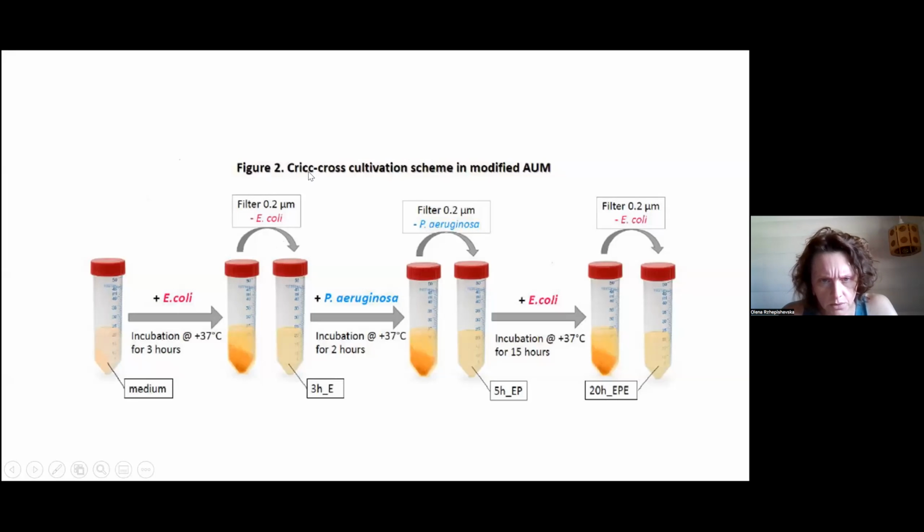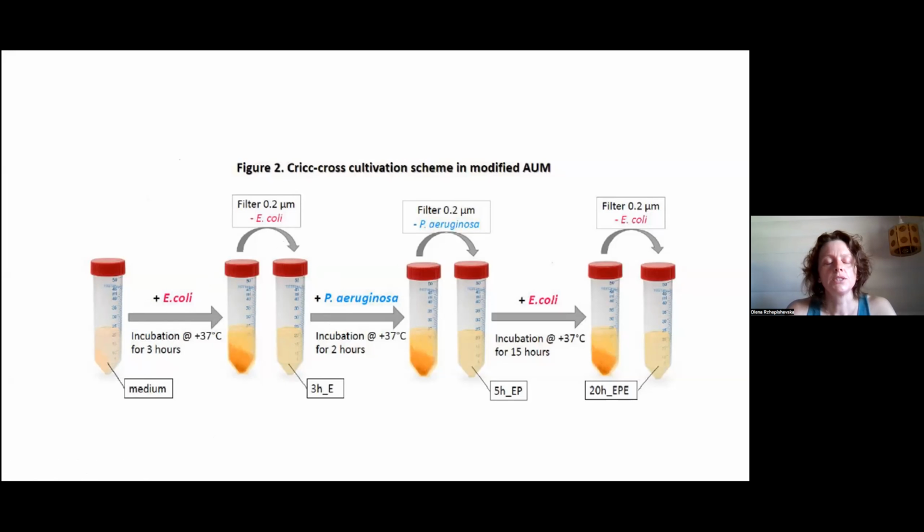It's called the criss-cross experiment. There is a typo here, but the experiment goes like this: you start a culture tube with E. coli, then filter the bacteria away after a certain amount of time, in our case 3 hours. You filter bacteria away with a specific filter that removes bacteria, and then you add Pseudomonas aeruginosa.